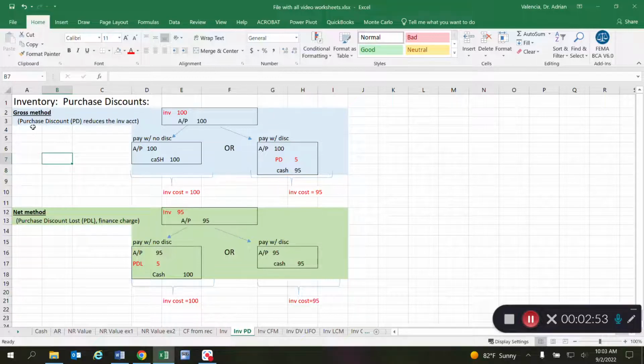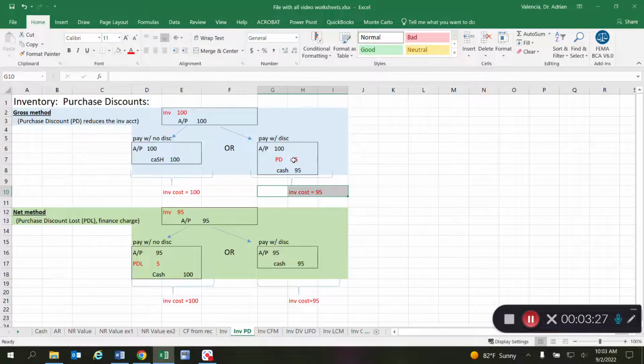So if this account called purchase discount reduces the inventory account, then we would call it a contra asset or contra inventory account. So the way I would do that is reduce the accounts payable, the liability, for the full amount. I'm going to send a check for $95. So the difference is going to be recorded as purchase discounts, or an indirect reduction of inventory. And by doing so, I'm reflecting the fact that overall, this inventory cost me $95.